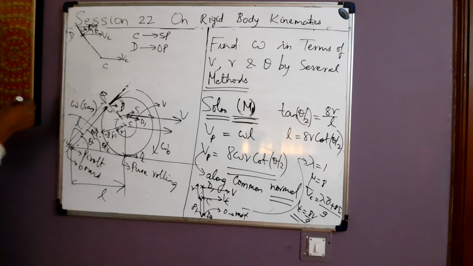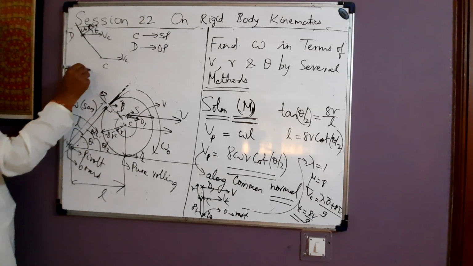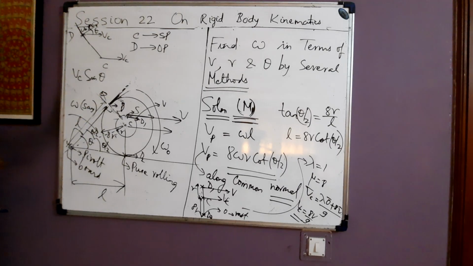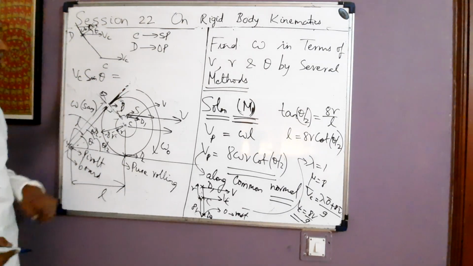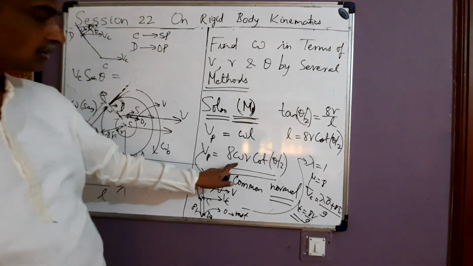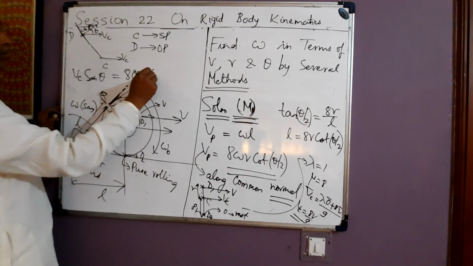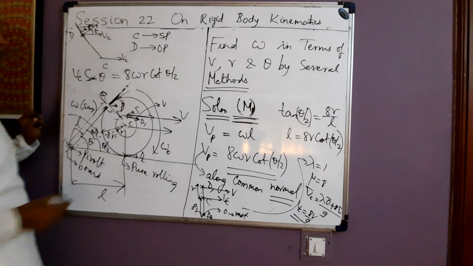Only Vc has a component. So the component of velocity of D along the common normal is Vc sin theta, and that is also the common velocity of point P of the string along the common normal, which is 8 omega r cot theta by 2.